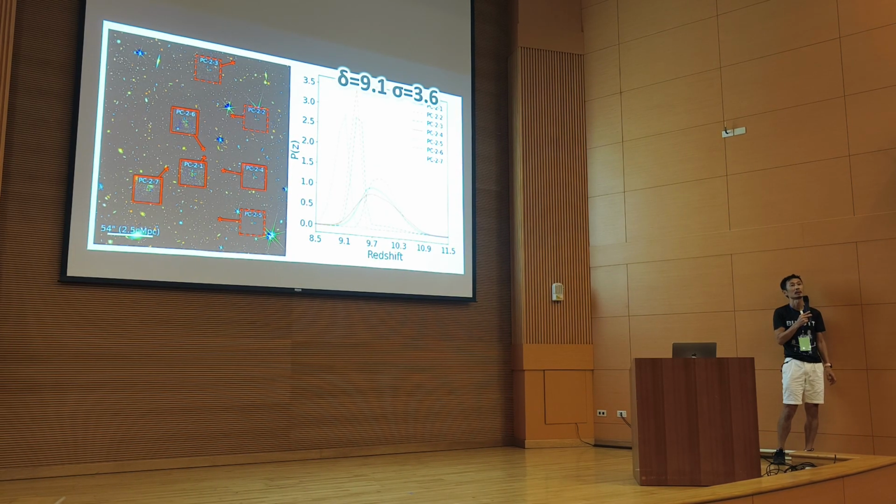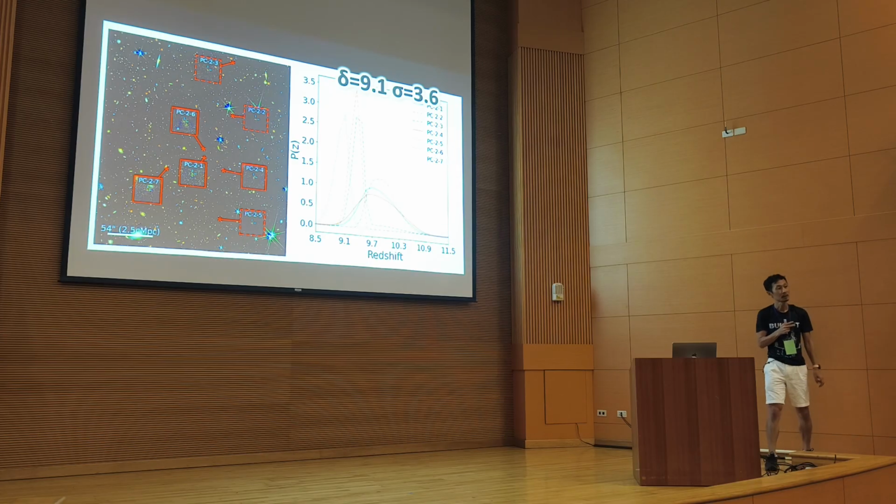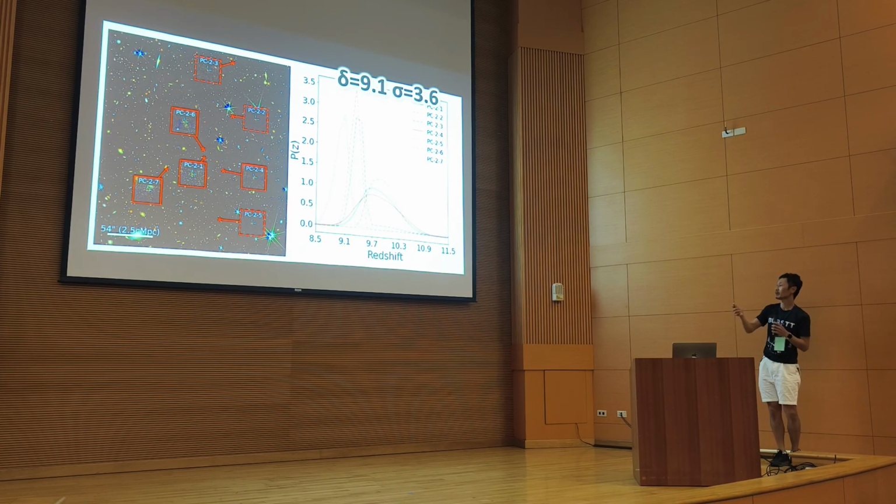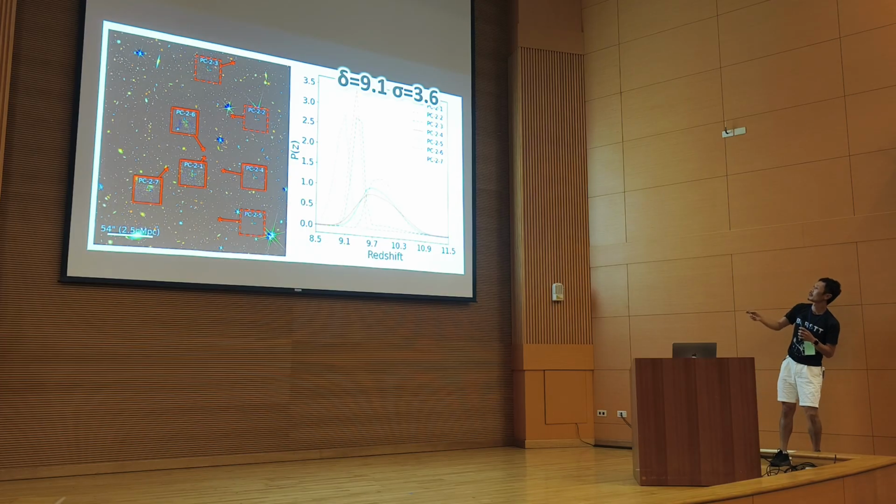So the typical number of galaxies associated with each overdensity is like 4 or 5 at most, right? Well, in this case, there are 7, yes. 7 galaxies? Yes. But typically, in the map I showed, the number of galaxies associated with each is like 3 or 4.